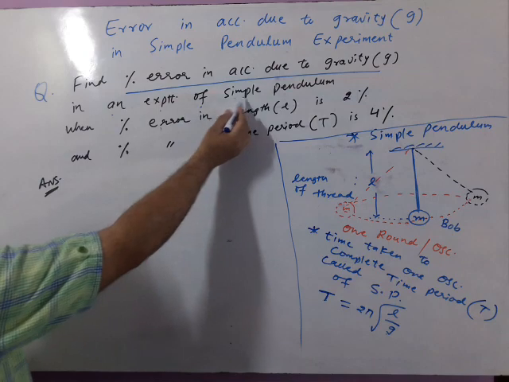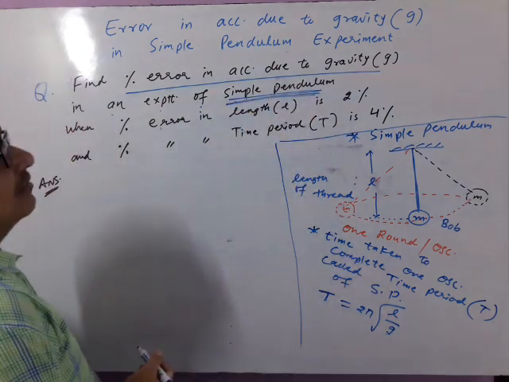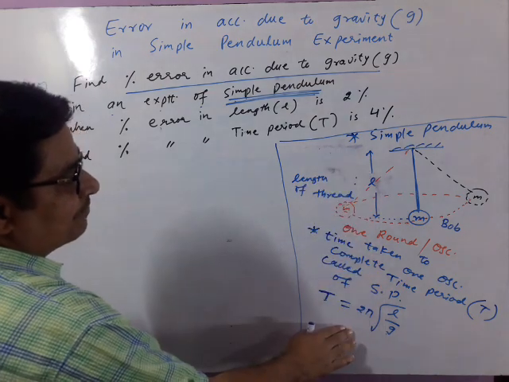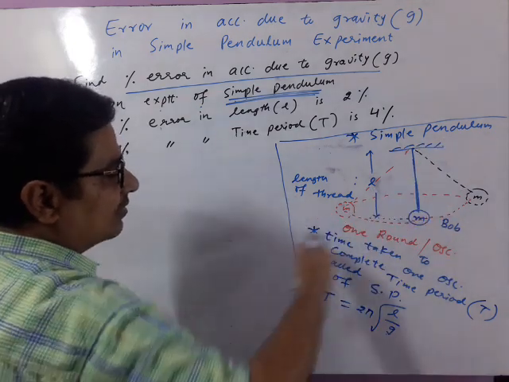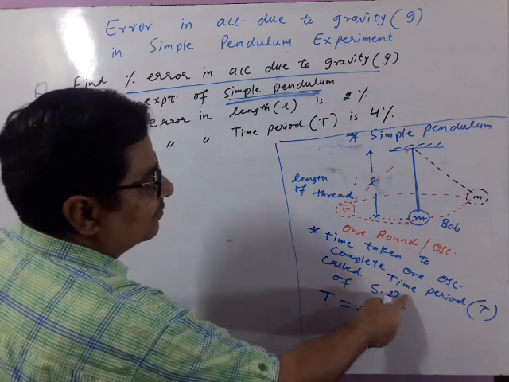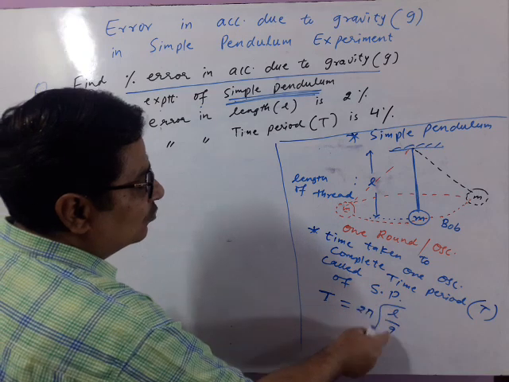In an experiment of simple pendulum, when he says simple pendulum, then you must remember this whole point. This is simple pendulum oscillating like this, and time taken to complete one oscillation called time period of simple pendulum. Symbol is capital T equals 2 pi under the root L by G.